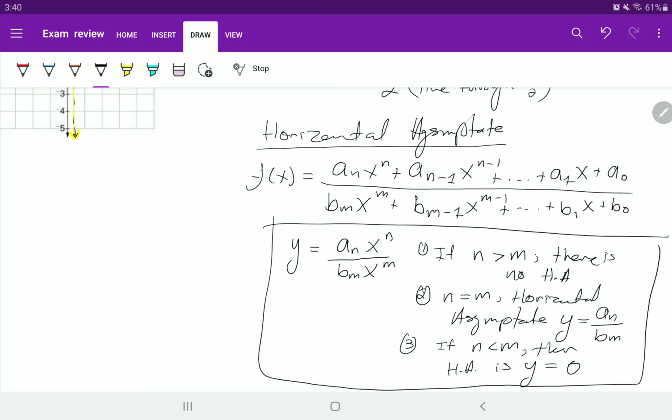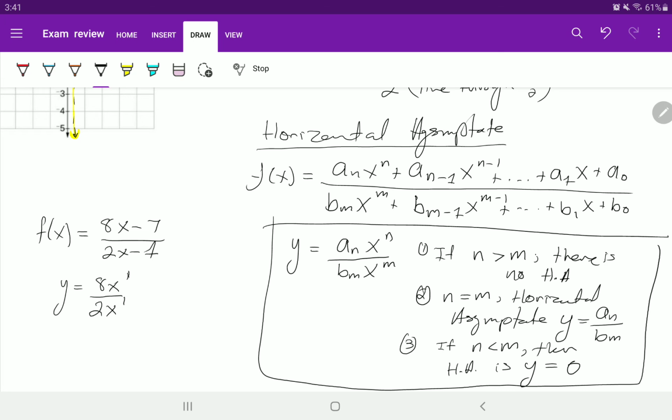For the horizontal asymptote, you must look at the leading term of your numerator and the leading term of your denominator. f of x equals 8x minus 7 divided by 2x minus 1. The leading term in my numerator is 8x to the first, and in my denominator, the leading term is 2x to the first power.